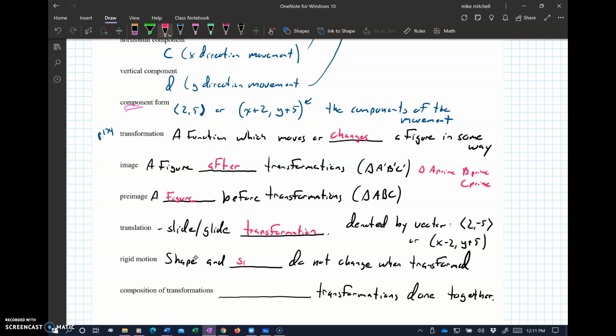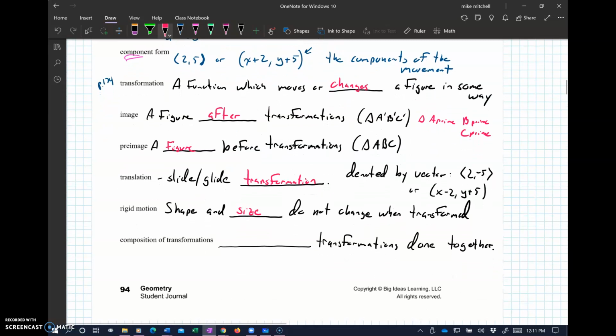Shape and size do not change. So the figure is exactly the same. It may be turned, it may be moved, but it's the exact same figure on there. Composition of transformations, that's when we have multiple transformations that are done together.